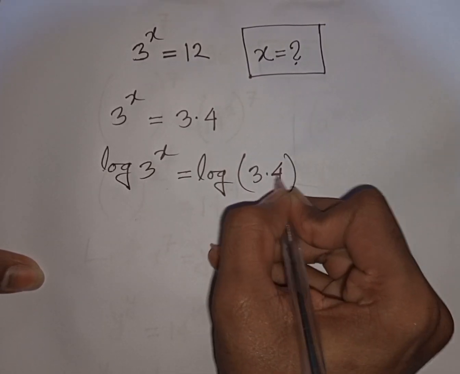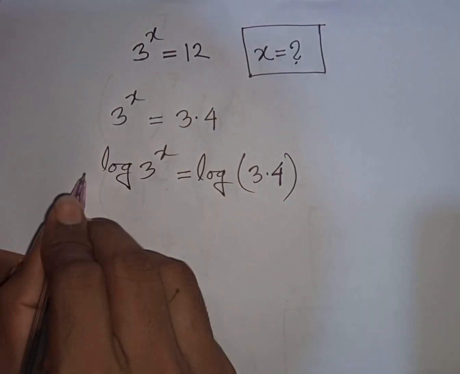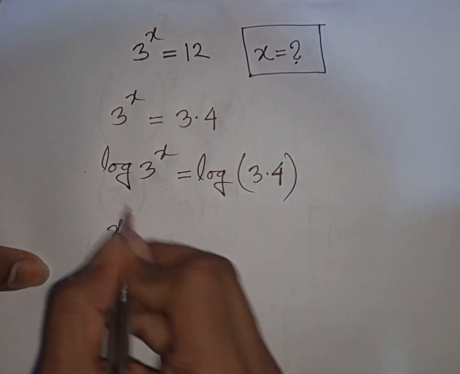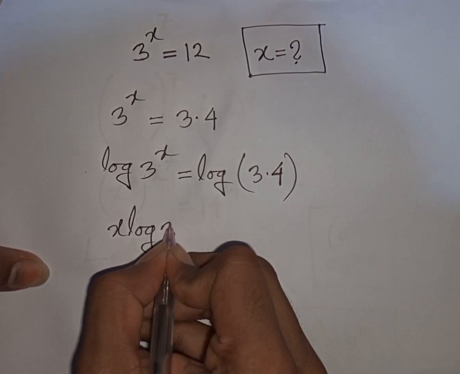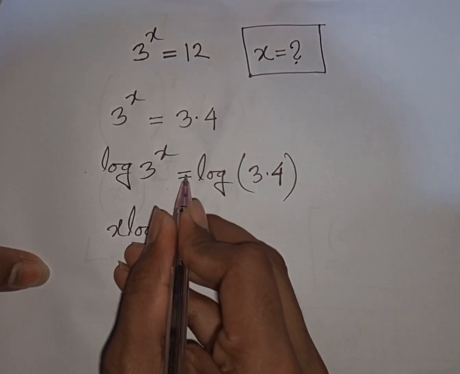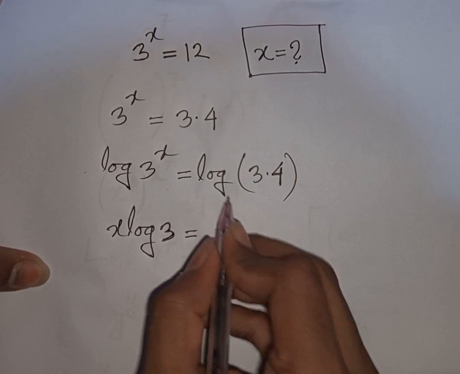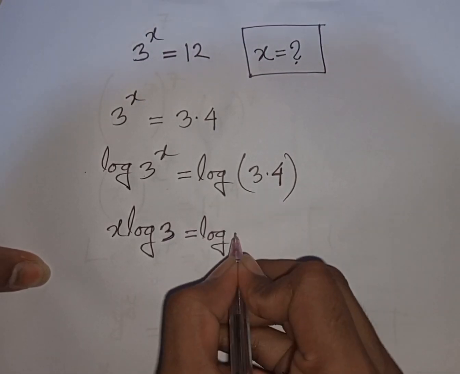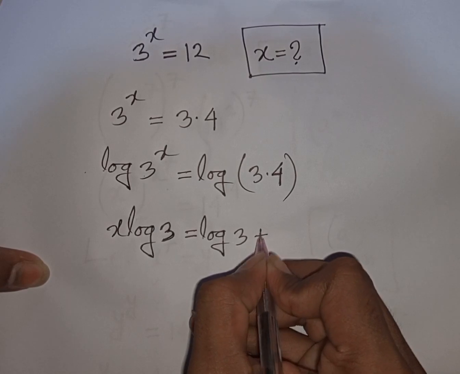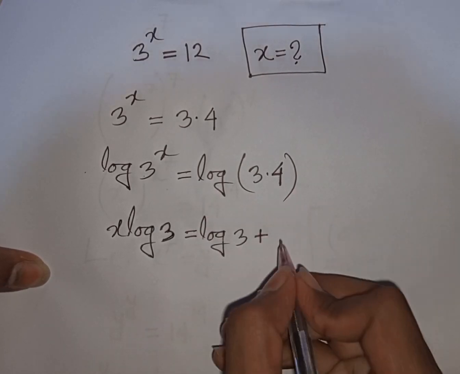Now this power x will move to the front, so x log 3 is equal to log of 3 times 4, that means log 3 plus log 4.